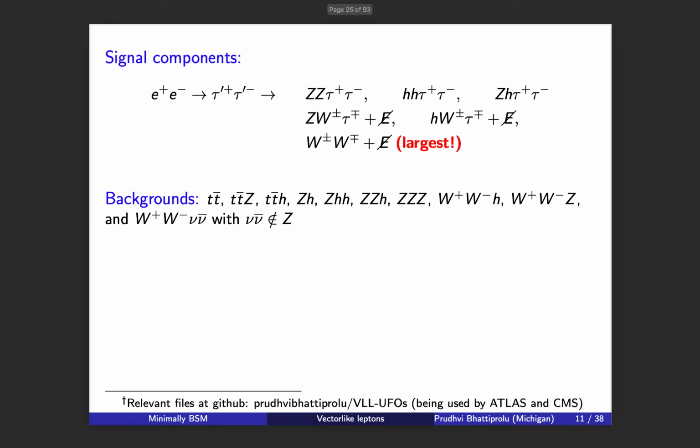We've also considered various backgrounds as allowed by kinematics: t tbar and its associated productions with Z and Higgs, diboson processes, and triboson processes. These are all the backgrounds that we have considered.